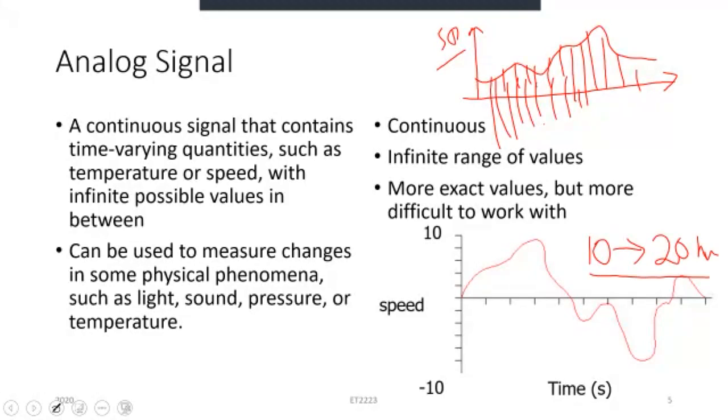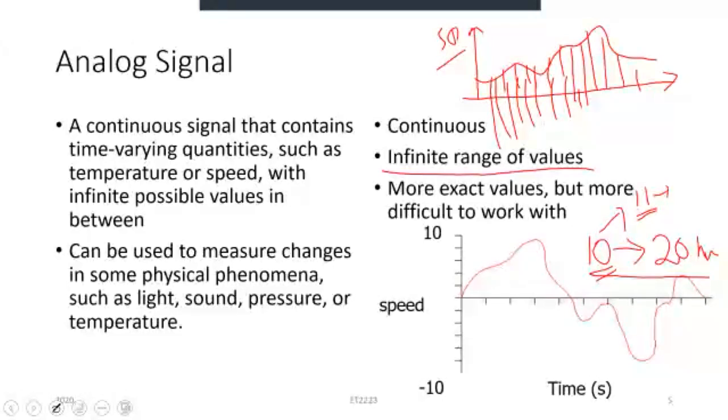You are not going to increase in steps like 10, next 11, next 12. You are going to go through all the possible values in between those two. In observation, you may see some of these values. Say in a speedometer, it may only display some of these values. But in reality, the vehicle speed is increasing through the infinite range of values that is possible there.